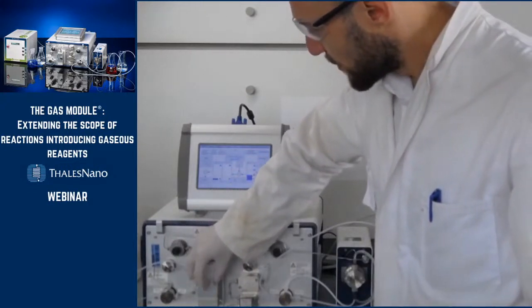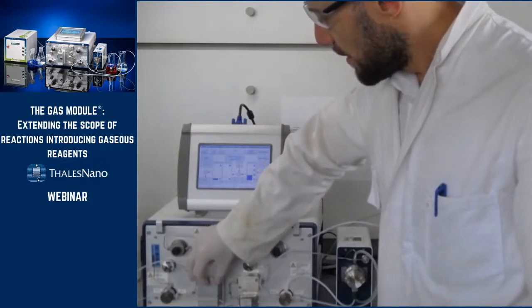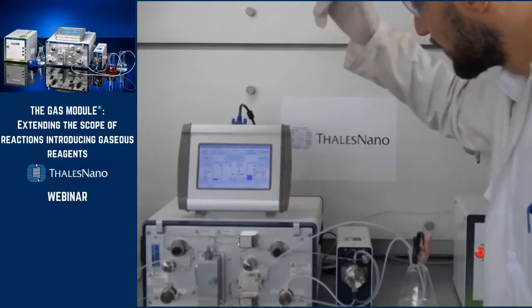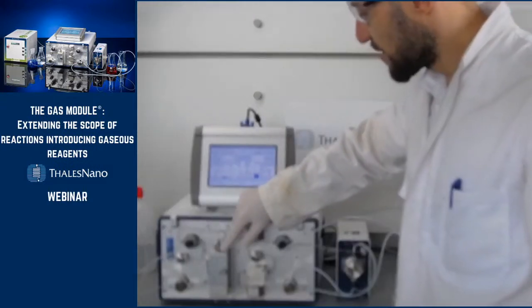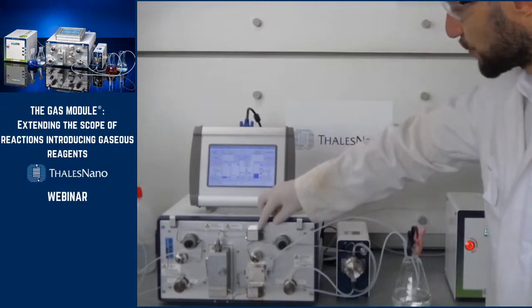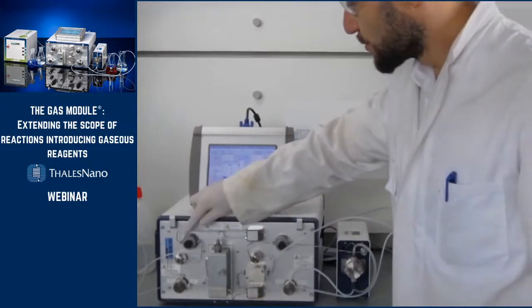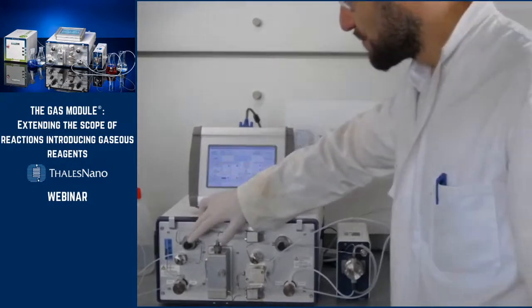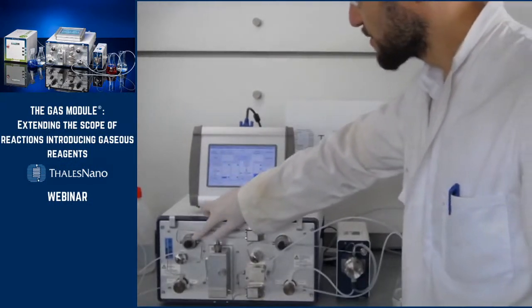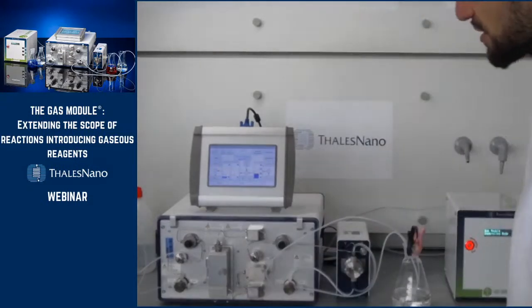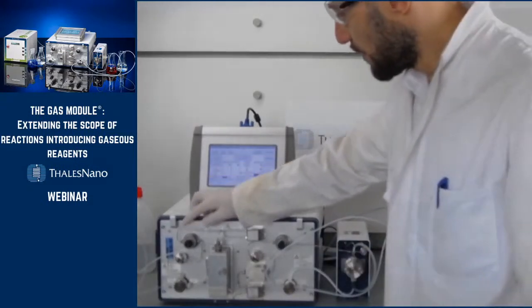Closing it. Let's continue the description of the line. It comes out from here and goes to the second connection point I already told you about. Then it goes to a second pressure sensor. The difference between the two pressure sensors gives you the pressure drop you would experience in the CatCart.